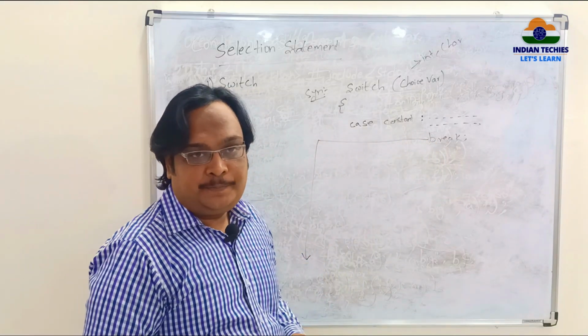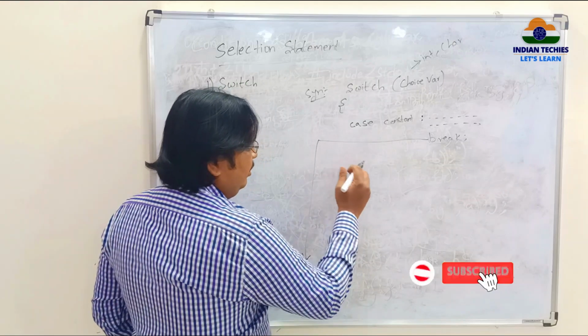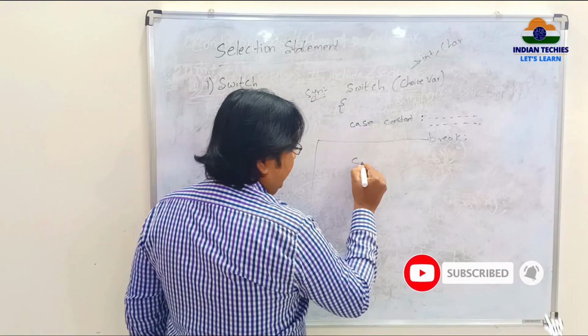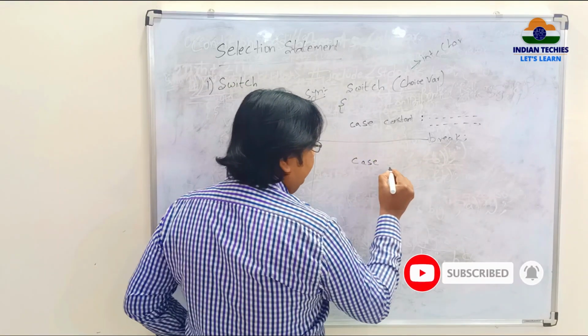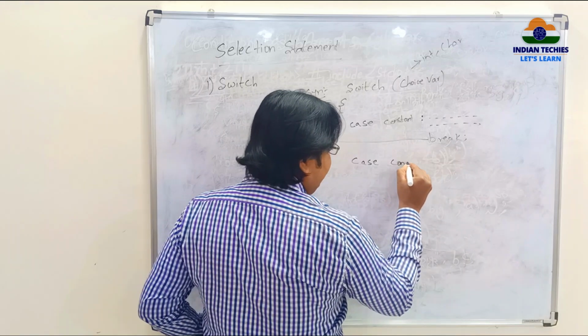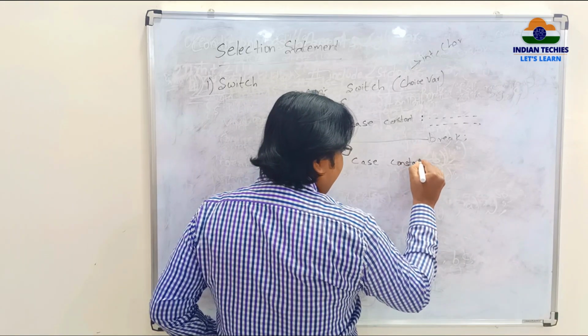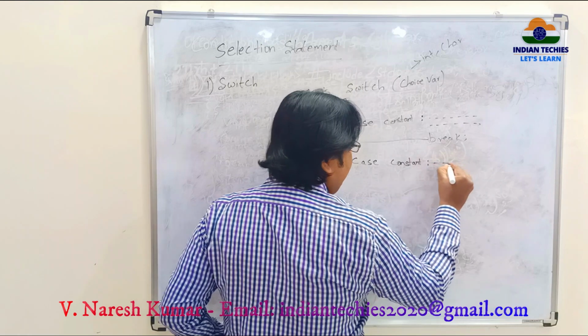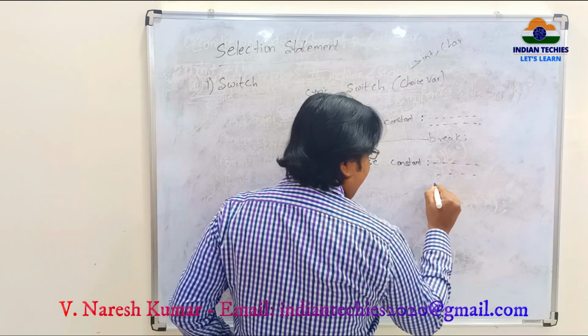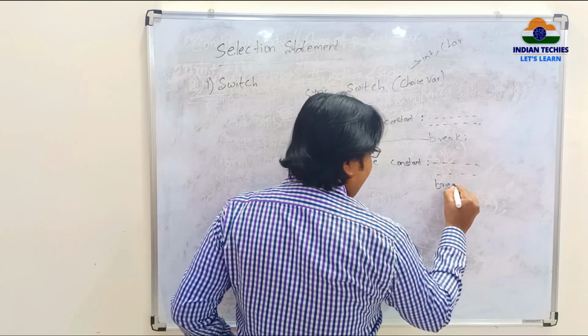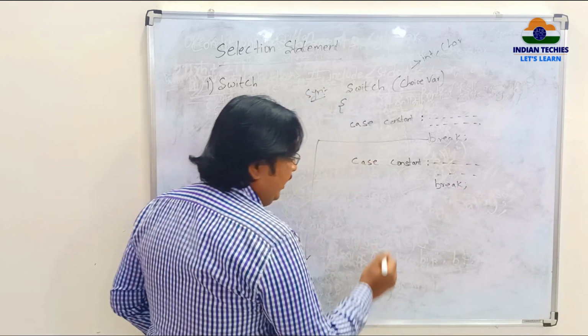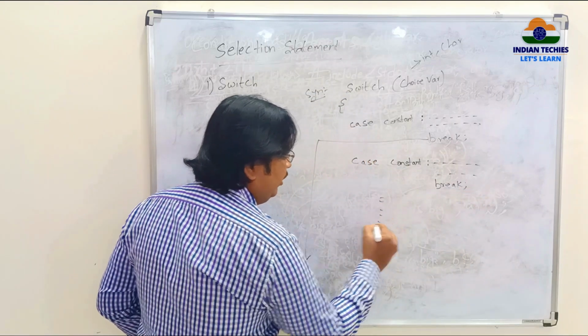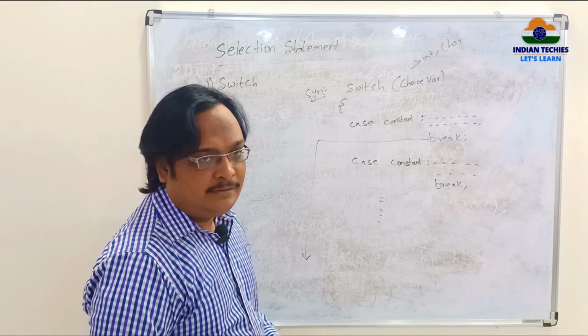Remember this point. Okay? After this break you can write another case. Another constant, meaning your choice, colon, some statements, and again break. Each case is each choice. Like that, as many cases as you want, you can write that many cases.